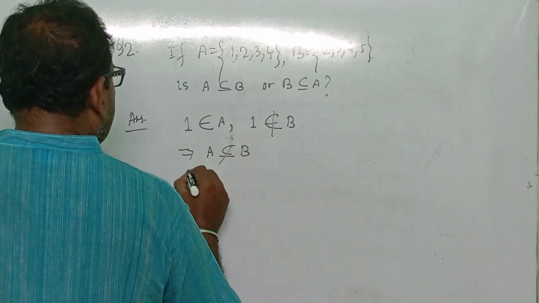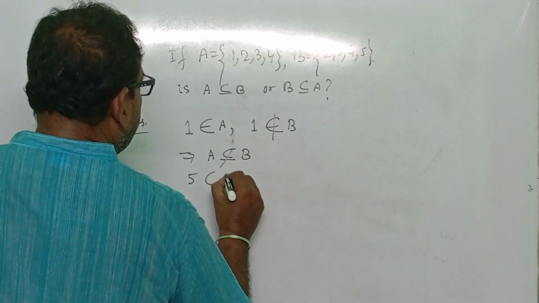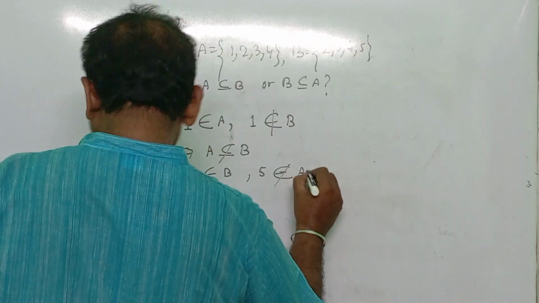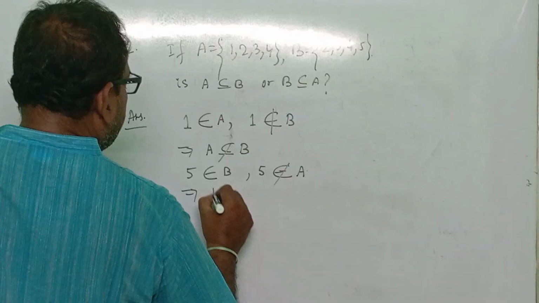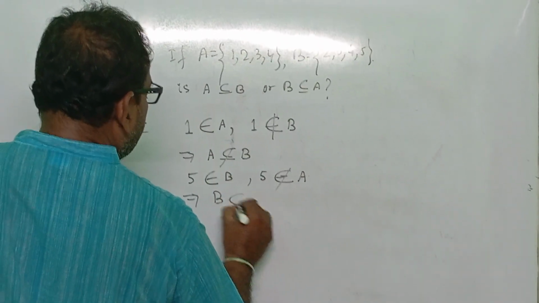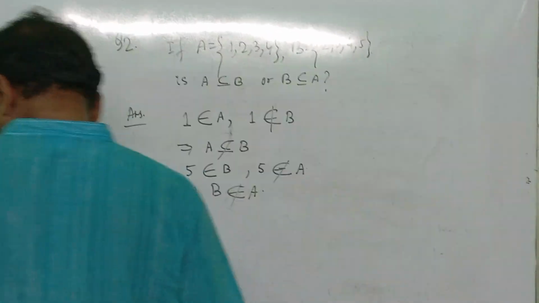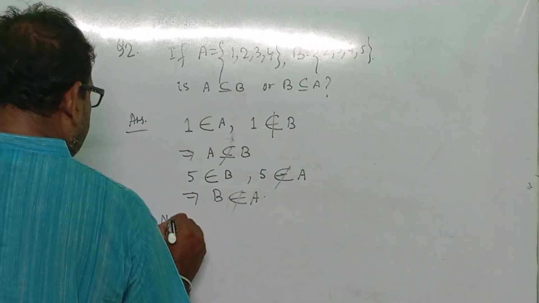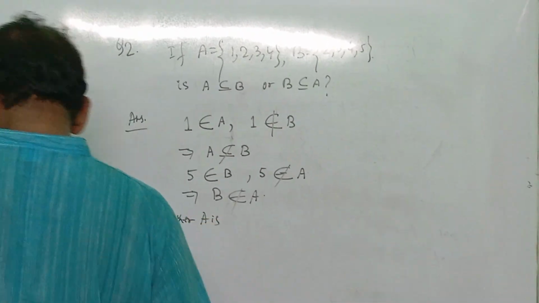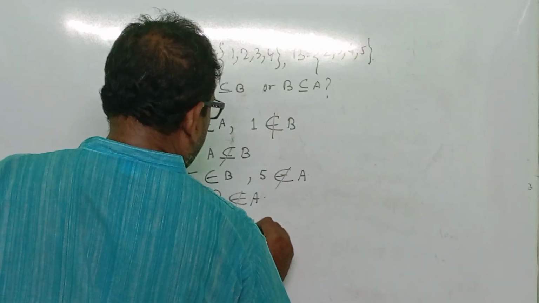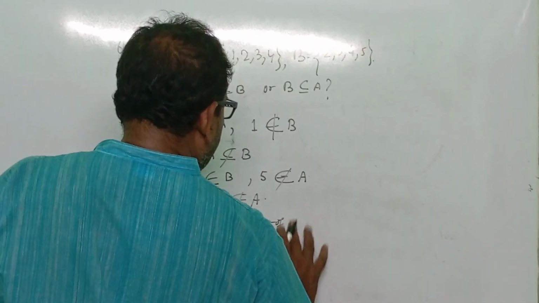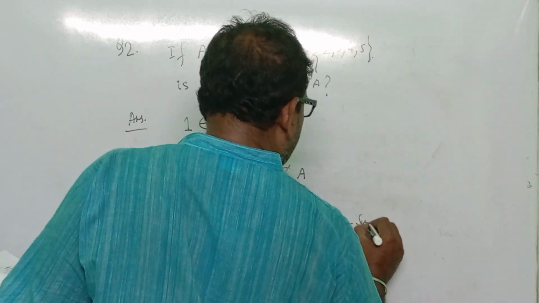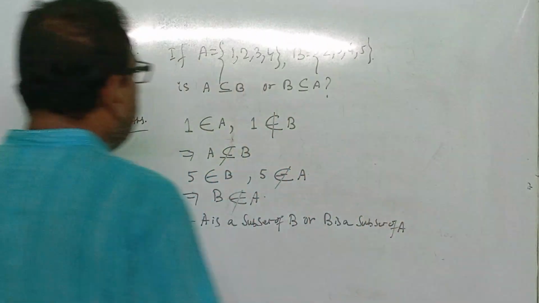And 5 belongs to B, but 5 does not belong to A. So this implies that B is also not a subset of A. So neither A is a subset of B, nor B is a subset of A. Is this answer clear?